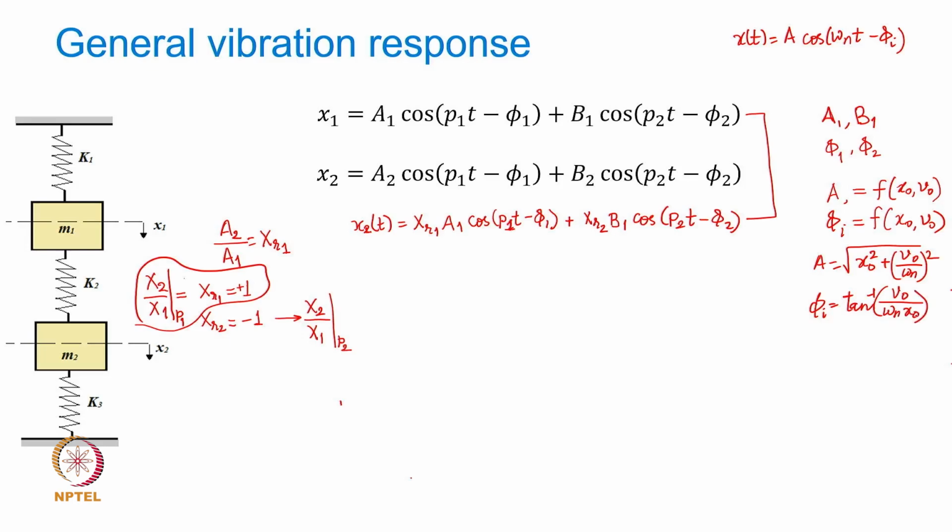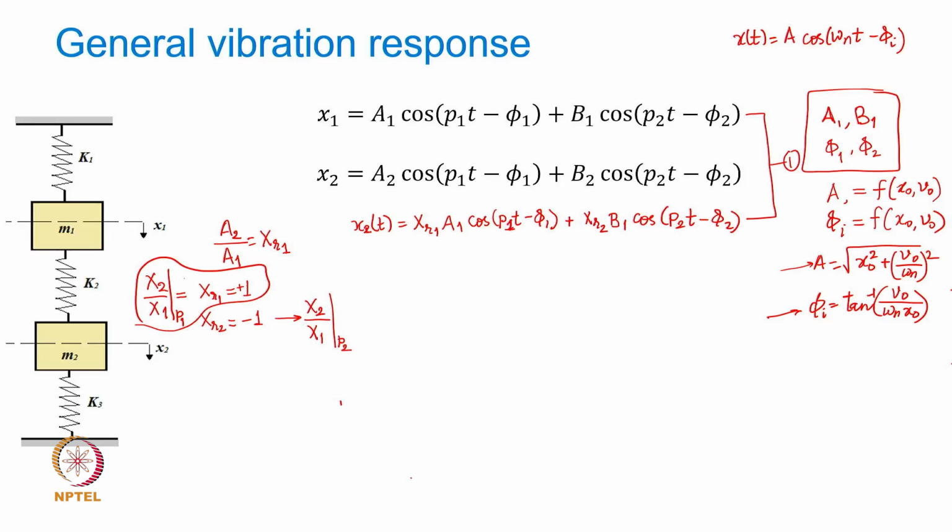So, depending upon how we initially excited the system, the values of the initial phase lag and the amplitude got determined, right. On similar lines, in this case also, we will have to find the values of A1, B1, phi 1 and phi 2 by using not only these two displacement response equations, but we will also have to generate two more equations, which are basically the velocity expressions, okay.